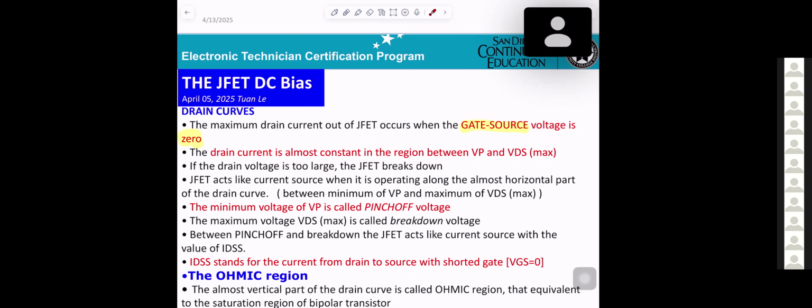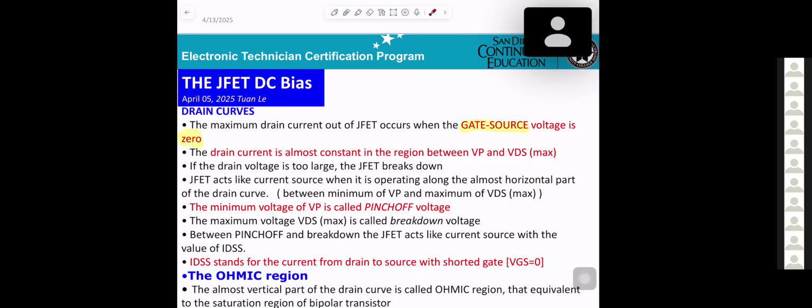JFET acts like a current source when it is operating along the almost horizontal part of the drain curve between VP and VDS maximum. The minimum voltage VP is called pinch-off voltage.